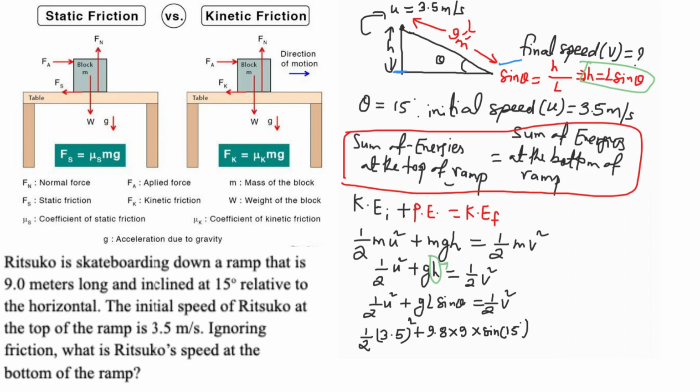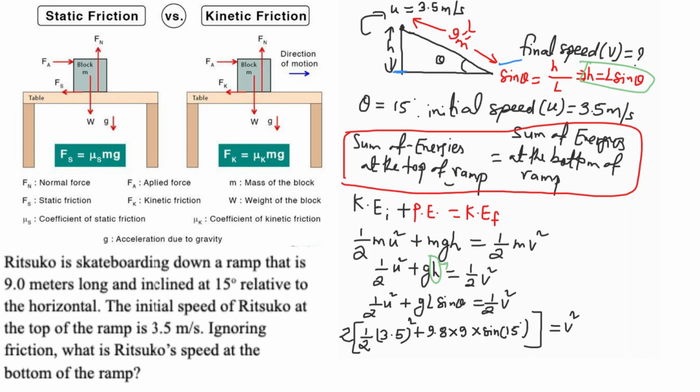Whatever value I get from here, multiply that value by 2, and that is what my v square looks like. Let me put that number in my online calculator. I got half multiplied by 3.5 square plus 9.8 multiplied by 9 multiplied by sine of 15.